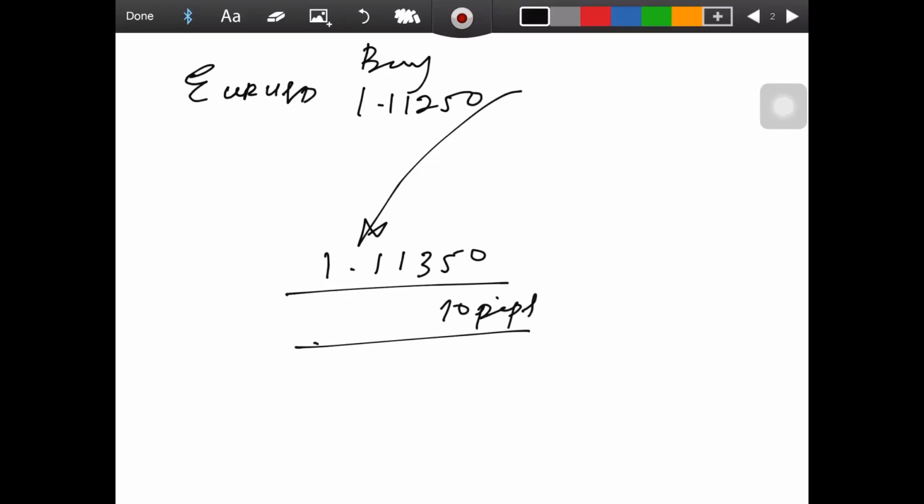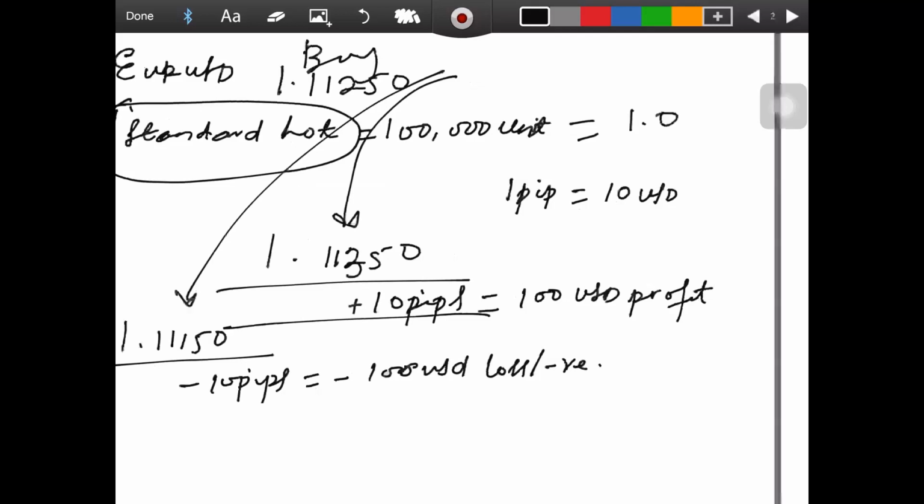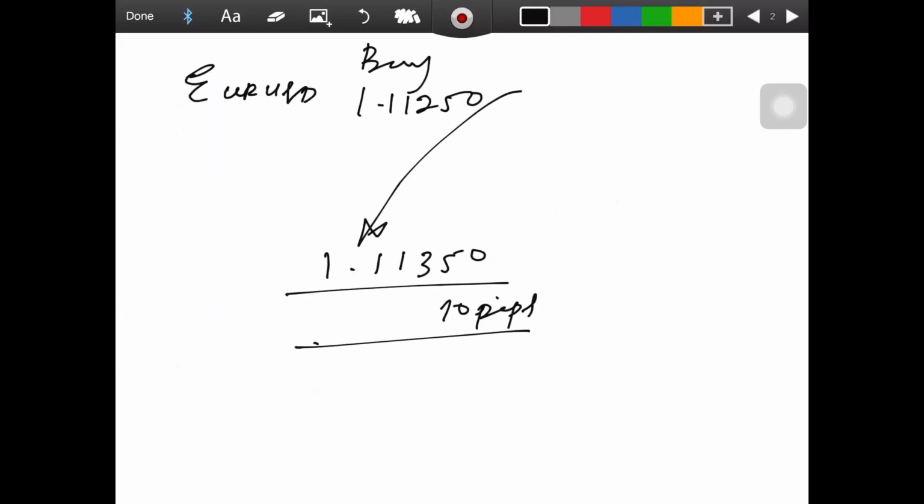10 pips, okay? Now let's say we didn't buy one standard lot. Please let's correct this. One standard lot on your MetaTrader 4 platform is 1.0. So you don't go to MetaTrader 4 and start typing 100,000, and I will show you a practical example there. Here we're not buying a standard lot, we want to buy a micro lot.